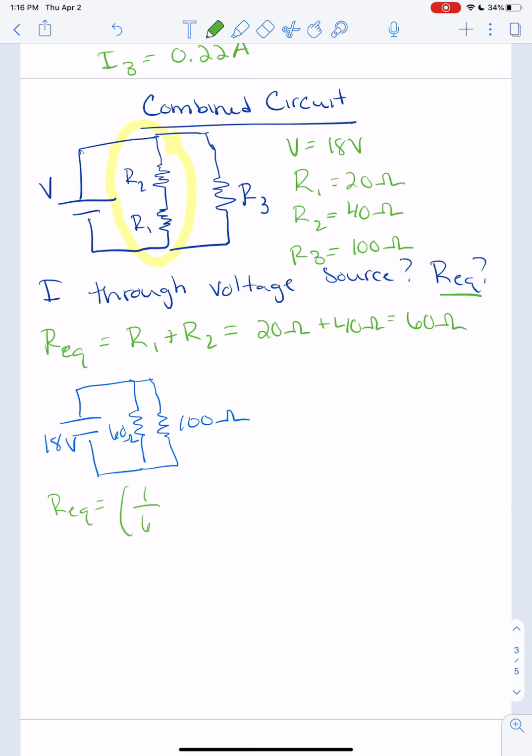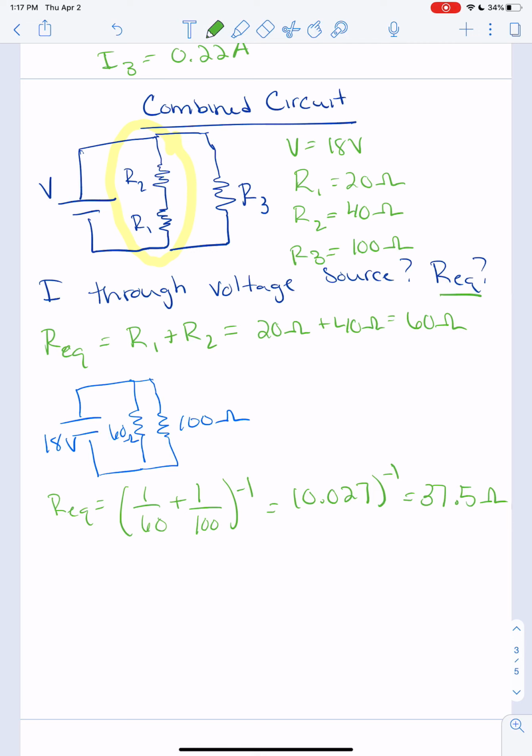So it's going to be 1 over 60 plus 1 over 100, inverted. That gives us 0.027, and then if you invert that, you do 1 divided by 0.027, you get 37.5 ohms, okay?